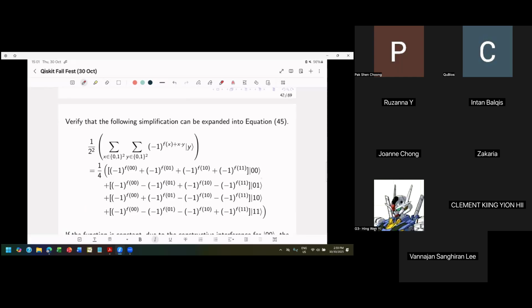First of all, you look at each line. What do you notice? What is different between the 0, 0 state and the rest?